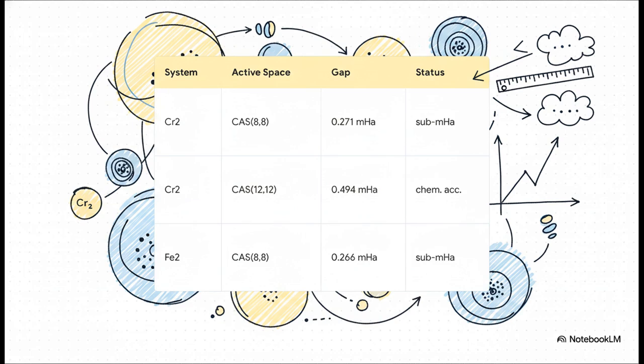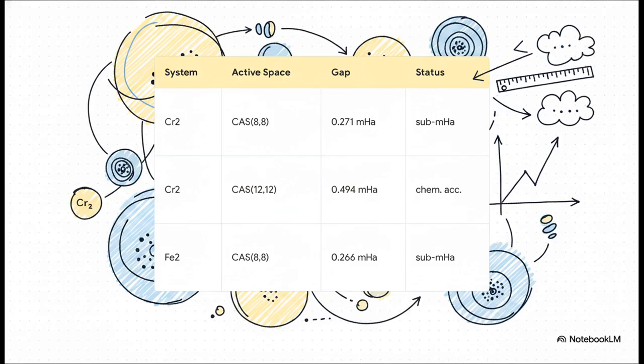To truly appreciate this, let's look at the raw data. The researchers targeted strongly interacting electrons in transition metal dimers, specifically chromium-2 and iron-2. The gold standard benchmark for success in this field is chemical accuracy, which is defined as a variational gap of less than 1 millihartree compared to an exact reference. Look at chromium-2 in a CAS-8 active space, a 0.271 millihartree gap.